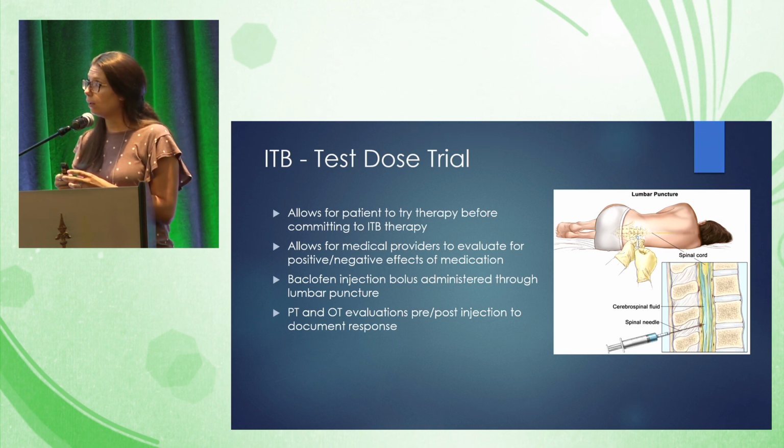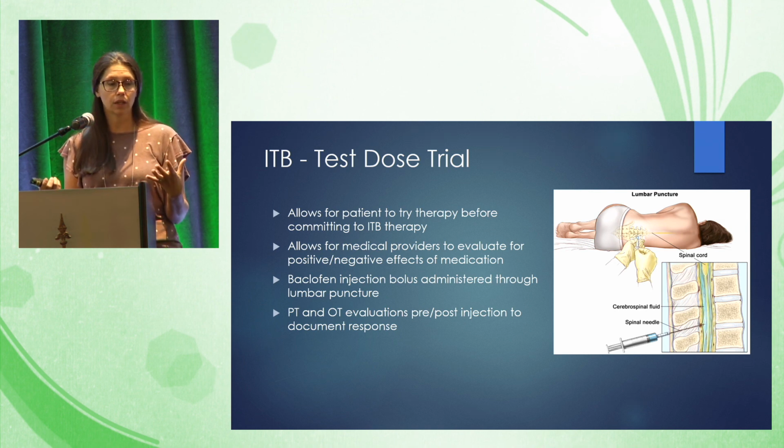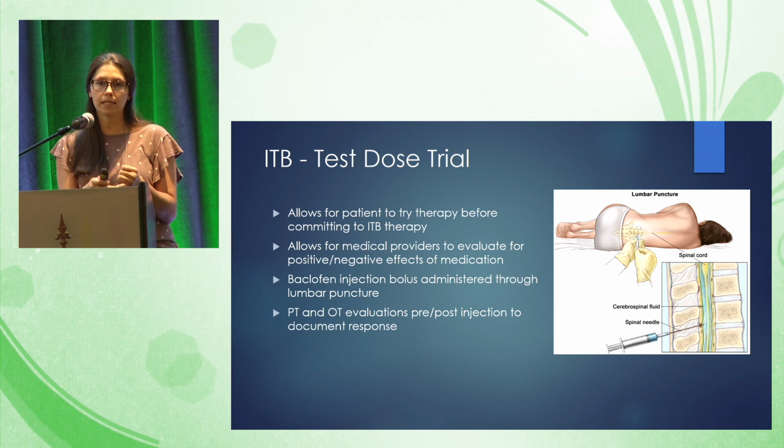So the idea that a test result was positive or effective would be through a series of PT and OT measures showing that there was improvement. Did the patient find that there were measures of improvement? And were there no negative effects?